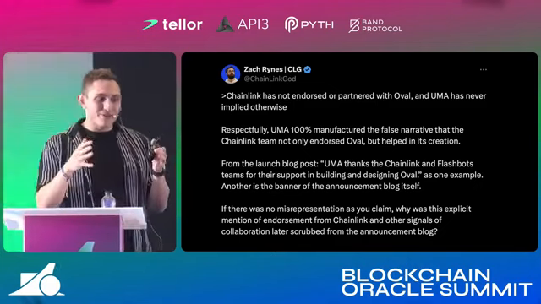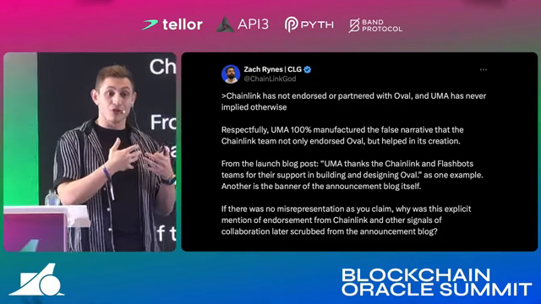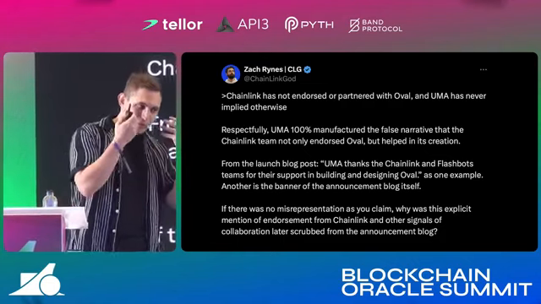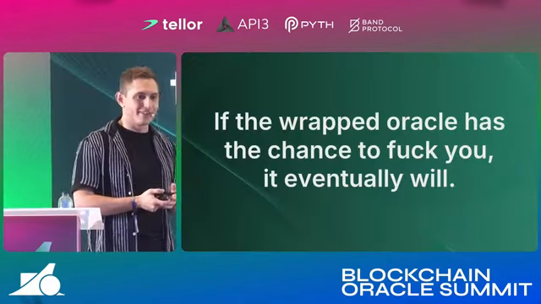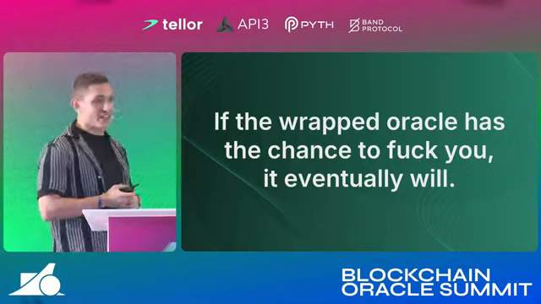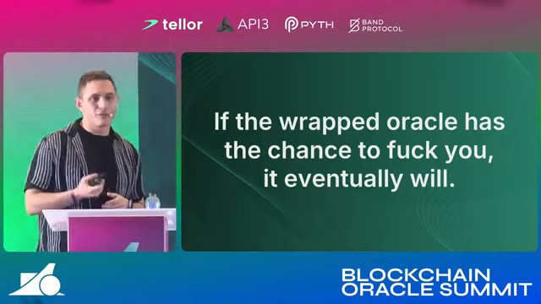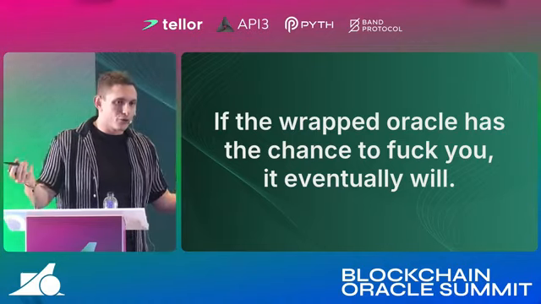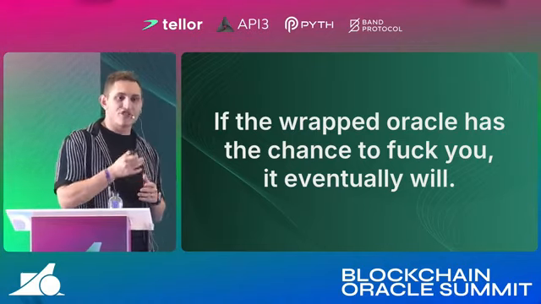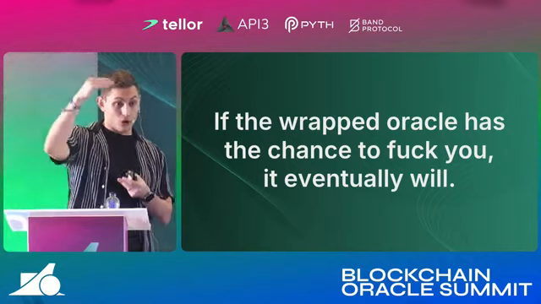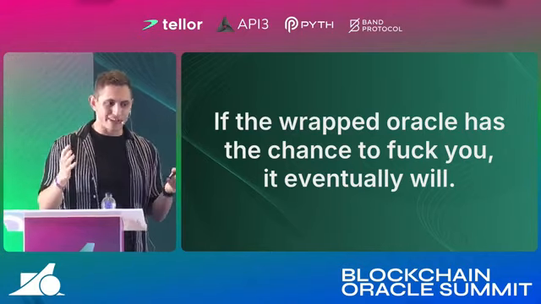So what am I trying to say here? I'm not trying to show the drama. The gist of it is, again, you're trusting that the underlying Oracle will not screw with you. And if the underlying Oracle has the chance to screw you, they eventually will. There are multiple ways to do that. They can blacklist you, or they can build their own OEV solution and kill you. You're completely reliant on the underlying thing that you're building on top of playing along, which is a great risk.